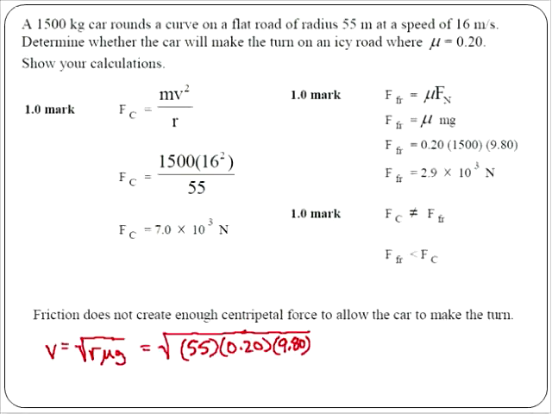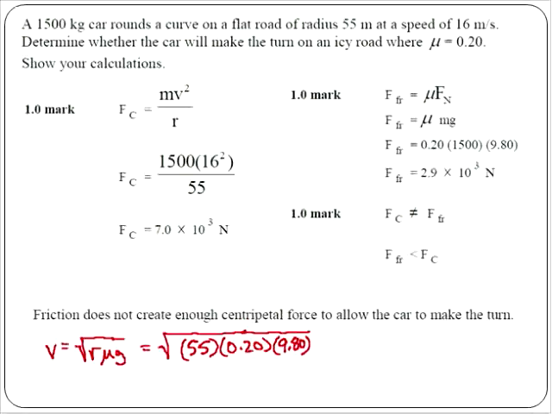That would give you the maximum safe speed, and because we already know that that car is not going to be able to make the turn, we already know that the maximum safe speed is going to be less.